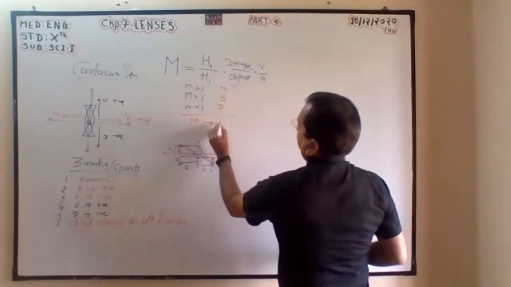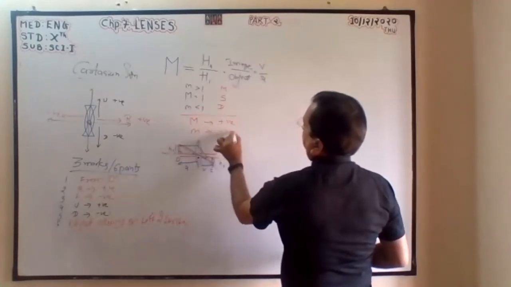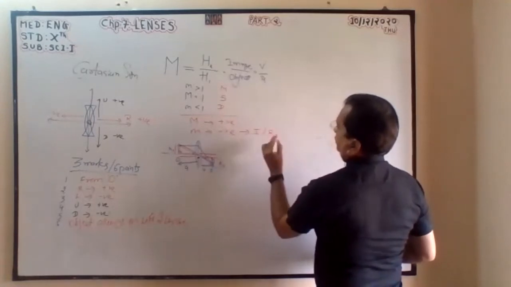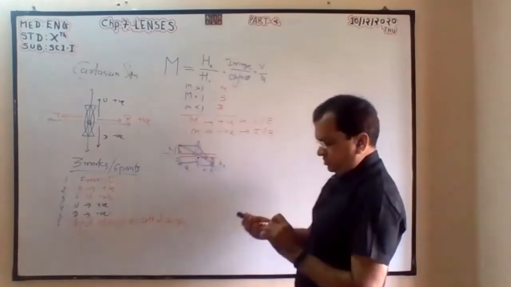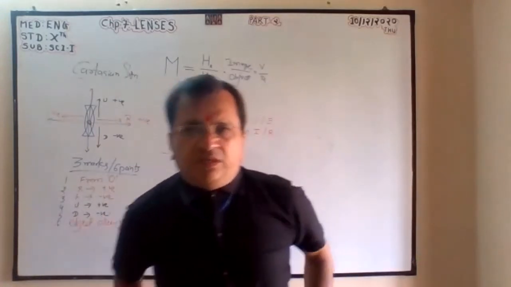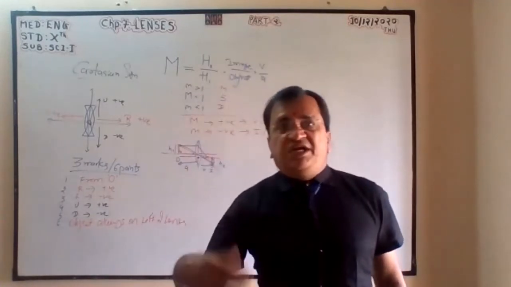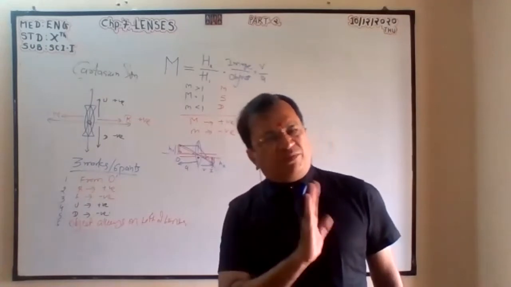If m is positive, if m is negative: negative means inverted, real; positive means virtual, erect. From the answer of m, you can judge the nature of the image. Forget about plus and minus.